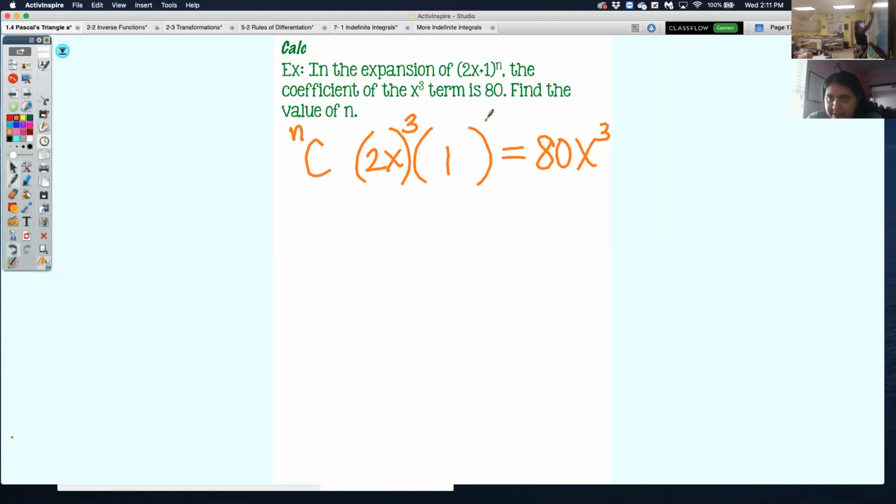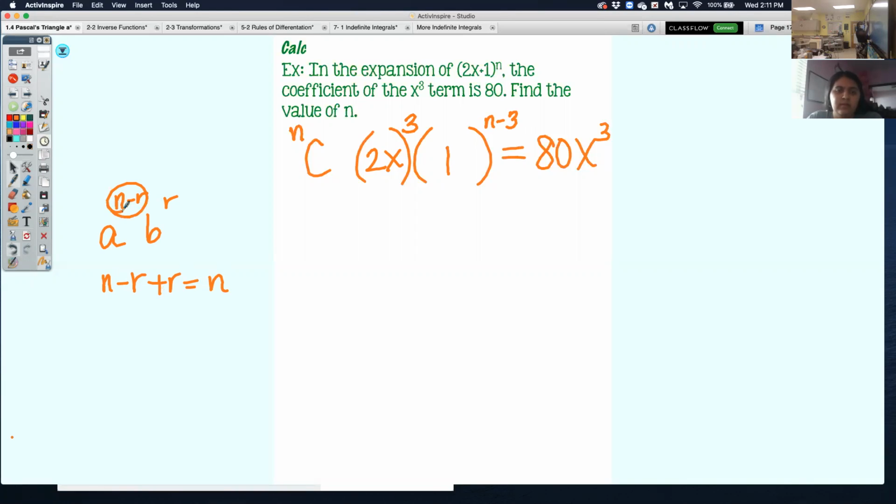And then this exponent over here for the 1 technically needs to be such that the sum of these two adds up to equal n, correct? But since we don't know what n is, we can say n minus 3. Because think about it, in the formula, it's n minus r, b to the r. When you add these two together, you should get n.